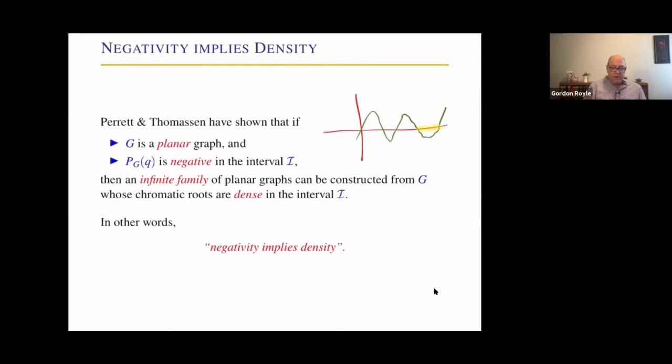So the key thing is that negativity implies density. All you have to do is find one planar graph that is negative over a certain interval, and their theorem guarantees that you can fill in the whole interval as densely as you want with chromatic roots.